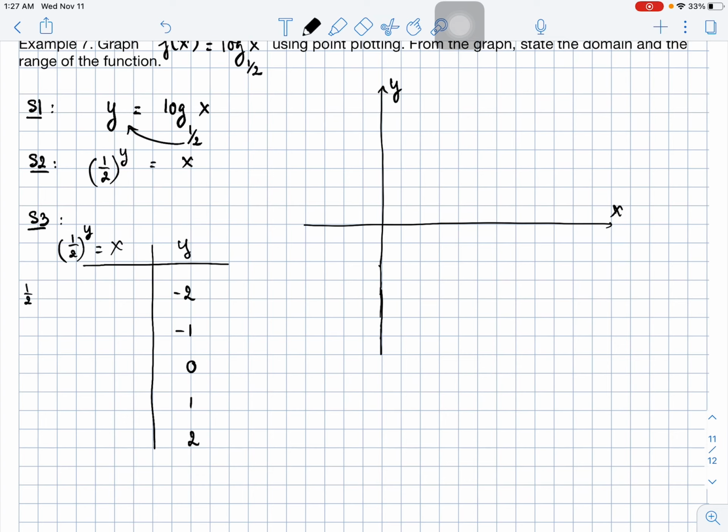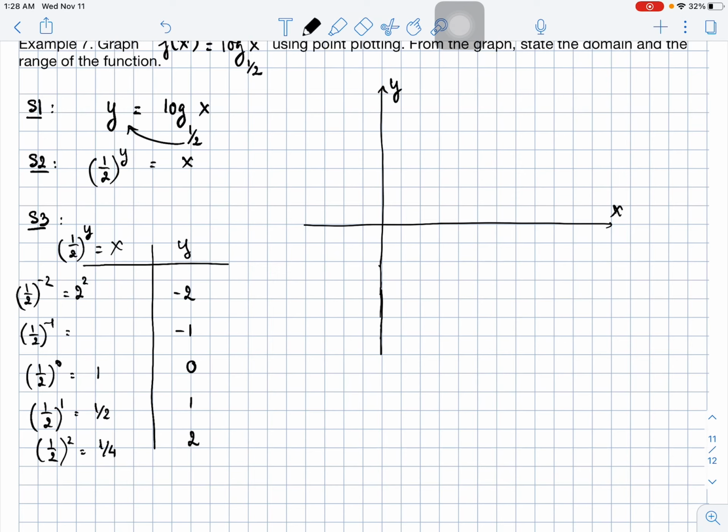And now we put them in to calculate for the x. One half to the power 0 is 1. 1/2 to the 1 is 1/2. 1/2 squared is 1/4. 1/2 to the -1 is 2, and 1/2 to the -2 is 2 squared.